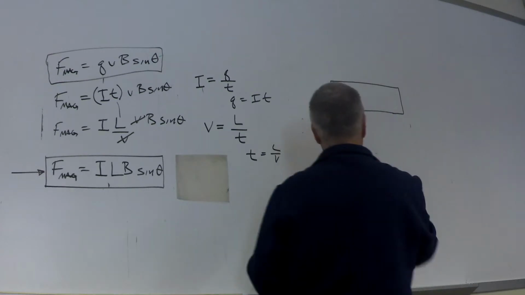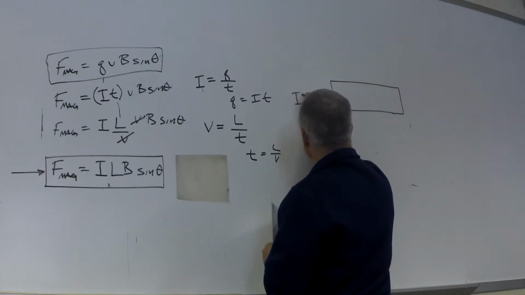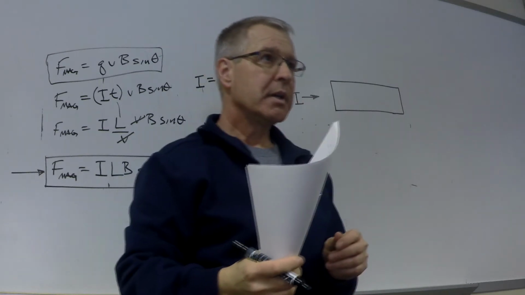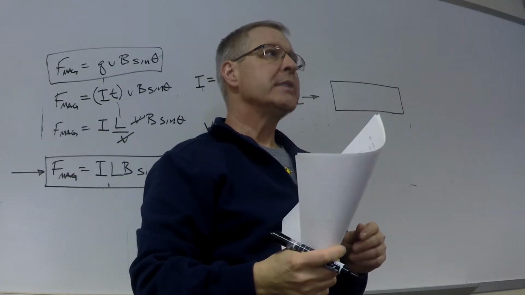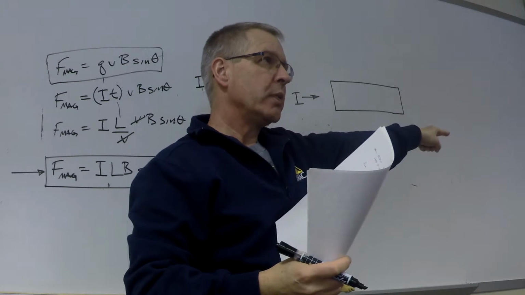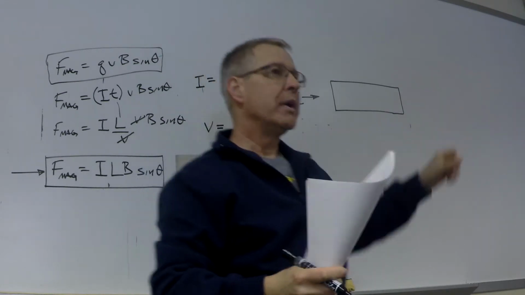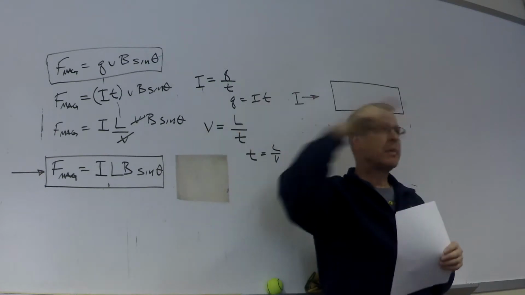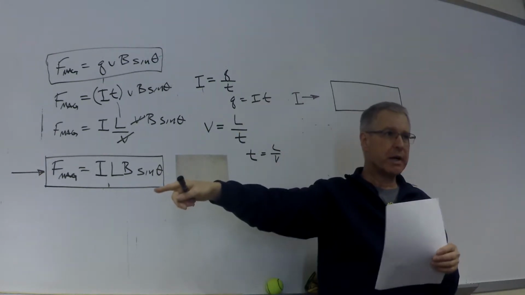And we're going to send a current to the right. So the question is, if my current is to the right, is it positive charges going that way to the right or negative charges going that way to the left? Who's doing the moving? Positive charges that way or negative charges that way?